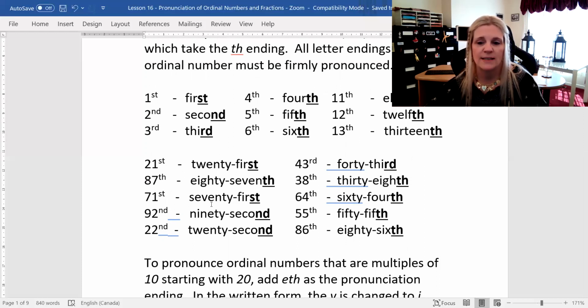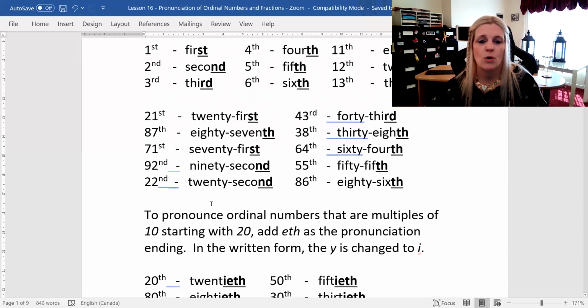Be sure to pronounce that TH at the end. 64, 64th. 55, 55th. 86, 86th.